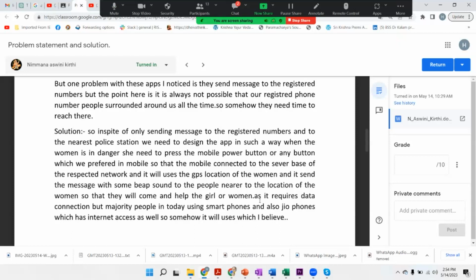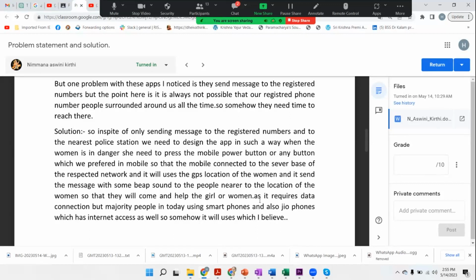We design an app in such a way that when a woman is in danger, she presses the mobile power button or any button we prefer on the mobile, so that the mobile connects to the server base of the respective network, and it uses the GPS location of that woman's mobile and sends messages with a beep sound to the people nearest to the location of the woman, so they will come and help the girl, instead of only the registered numbers or the police stations.